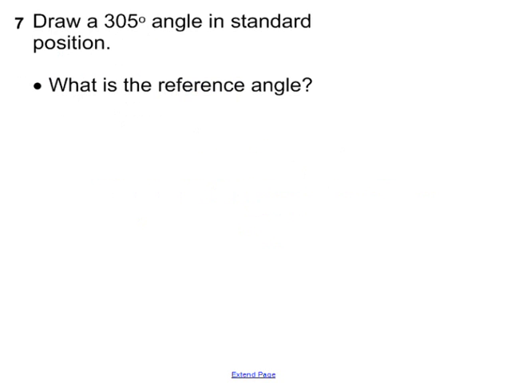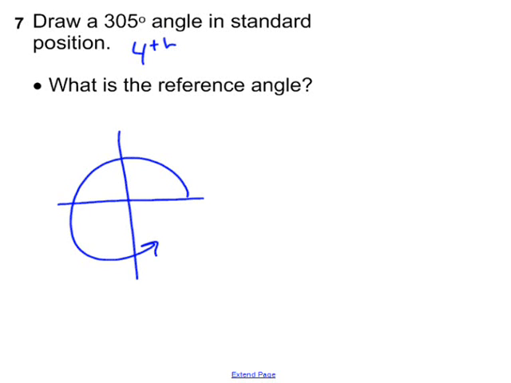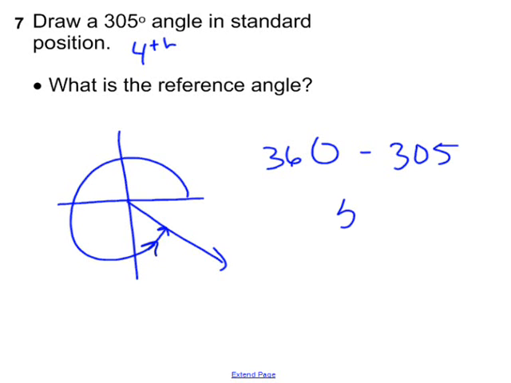All right, one more quadrant to investigate. Let's look at our fourth quadrant angle, which is 305 degrees. 305 is going to leave me with a reference angle. So I take 360, subtract 305, and my reference angle is 55 degrees.